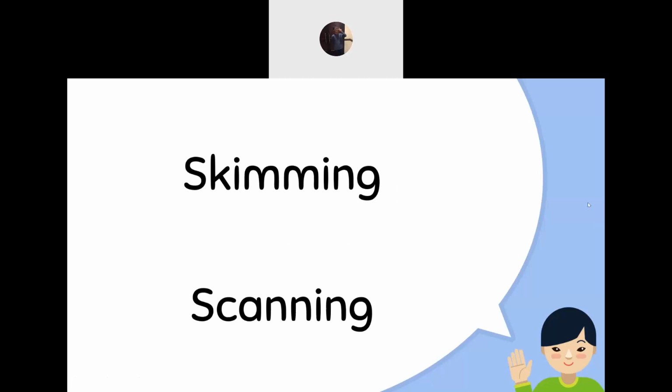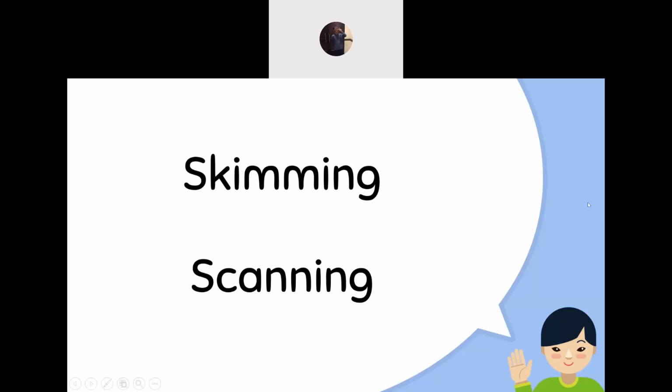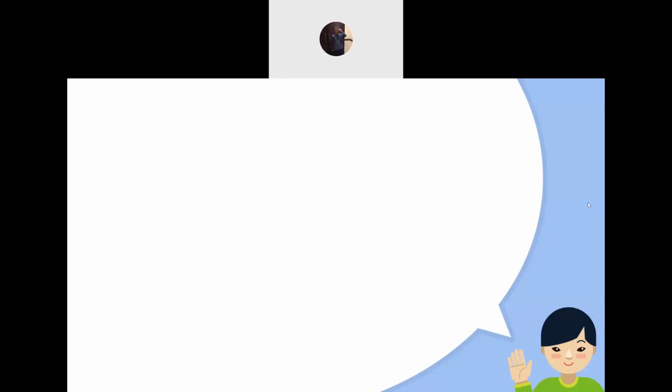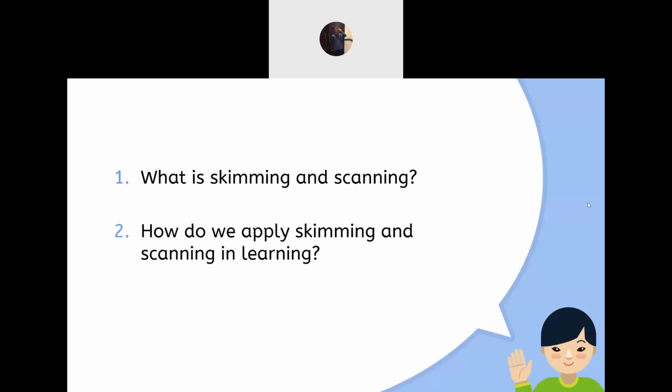So today we are going to learn about skimming and scanning. Okay, so the first question is what is skimming and what is scanning? And the second question is how do we apply skimming and scanning in learning?